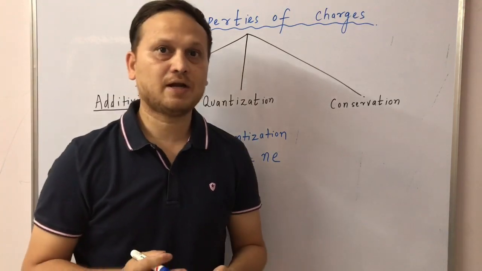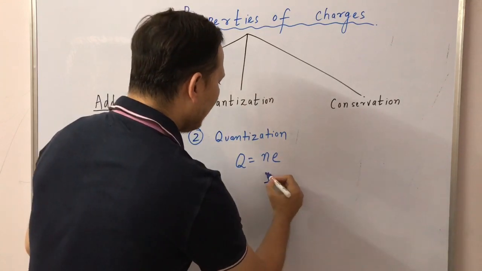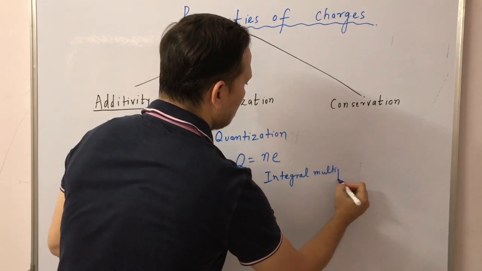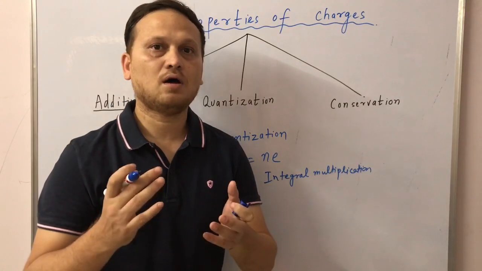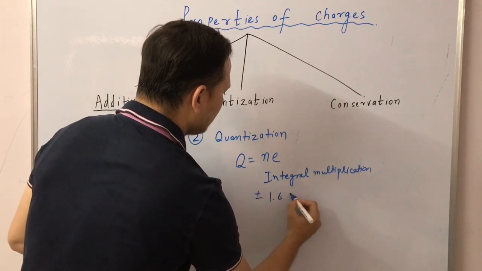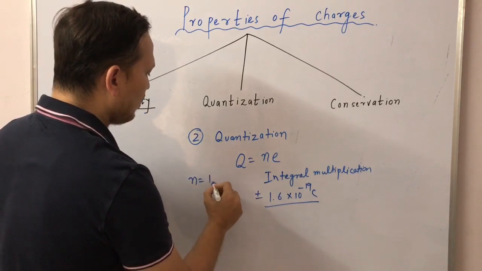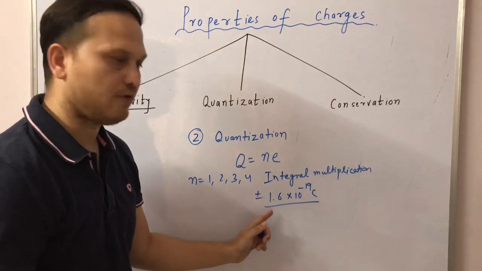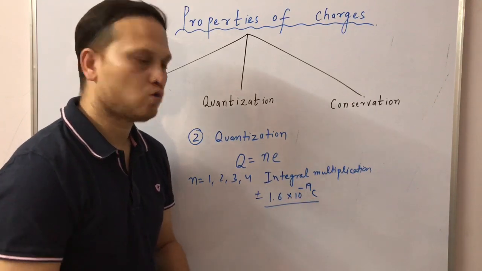By knowing experimentally that the charges are always an integral multiplication, it will always be an integral multiplication of a minimum value, and that minimum value is plus or minus 1.6 into 10 to the power minus 19 coulomb. Here the value of n will be 1, 2, 3, 4. The minimum value is experimentally found to be plus or minus 1.6 into 10 to the power minus 19 coulomb.